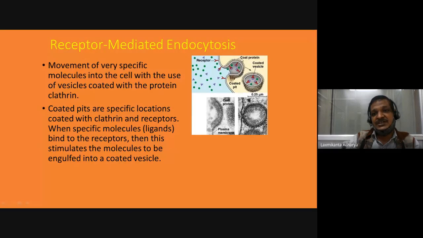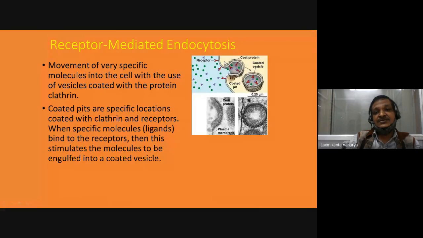We call them coat proteins. We call them coated pits, and these proteins are your clathrin molecules. With the clathrin molecule, these pits are covered. So this is called a coated pit.